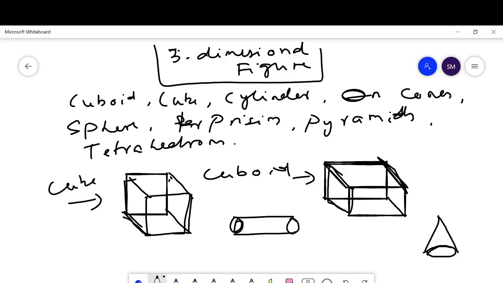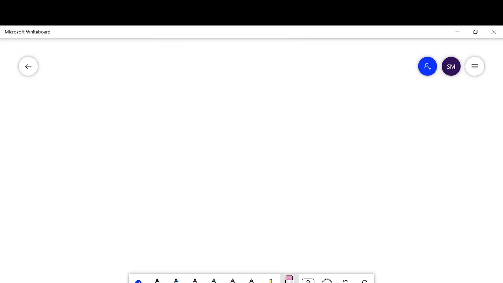The cylinder has two flat faces and one curved face. In case of a sphere, there are no flat faces. In case of a cone, one flat face and another circular face.